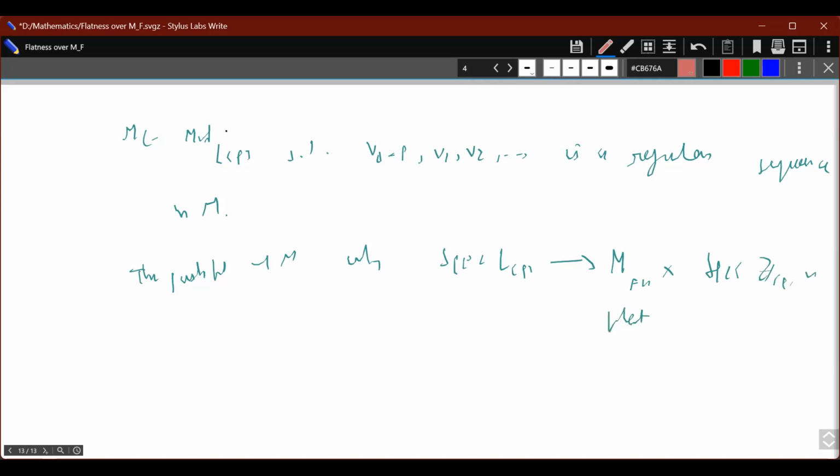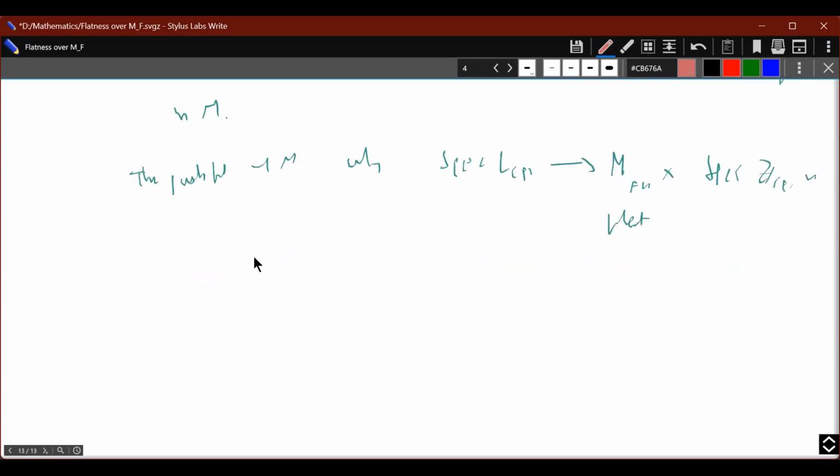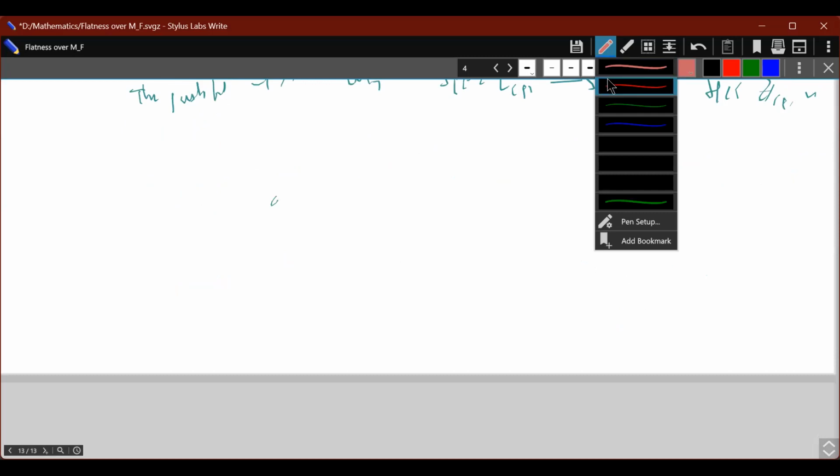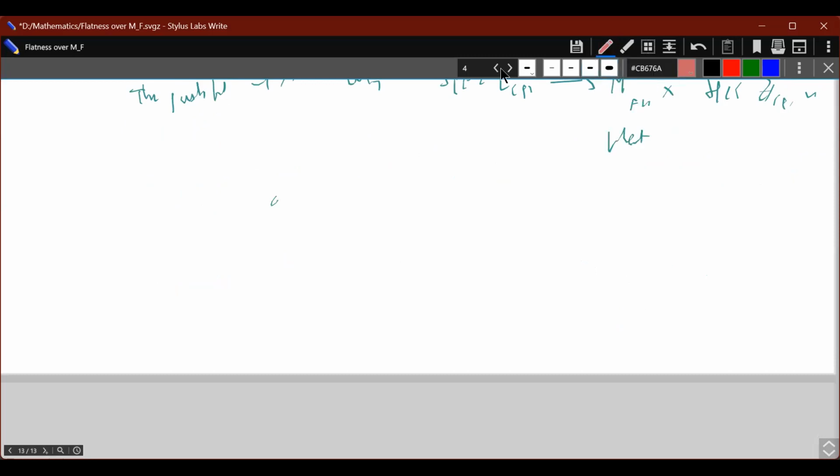So now we have a pullback square. So we have the following pullbacks.